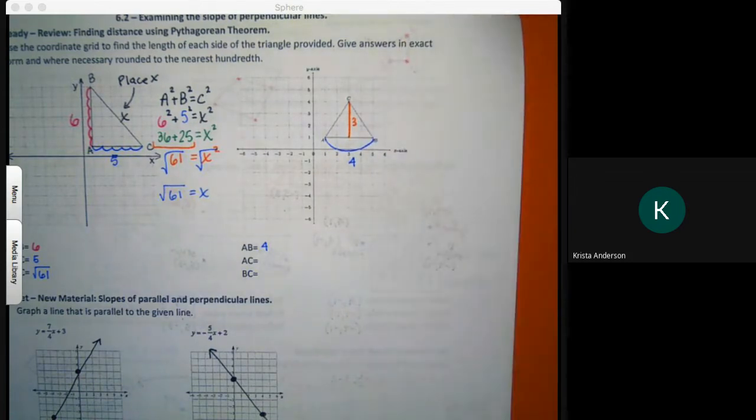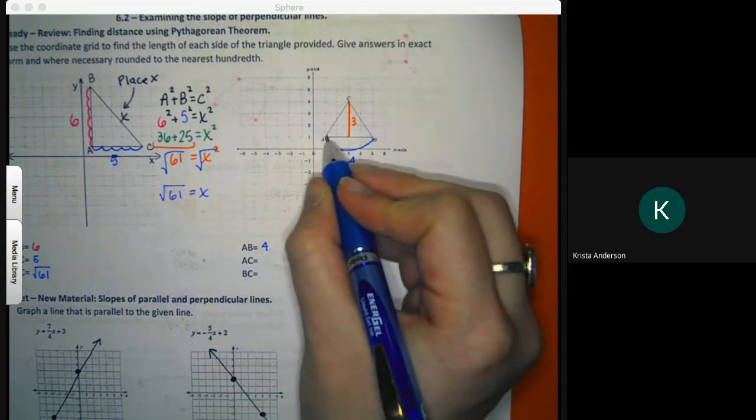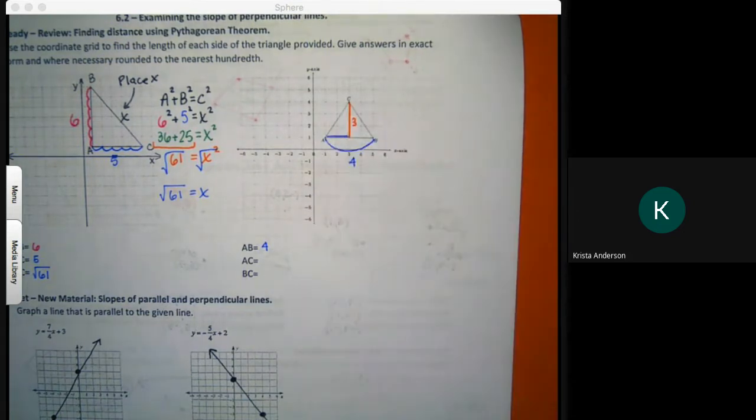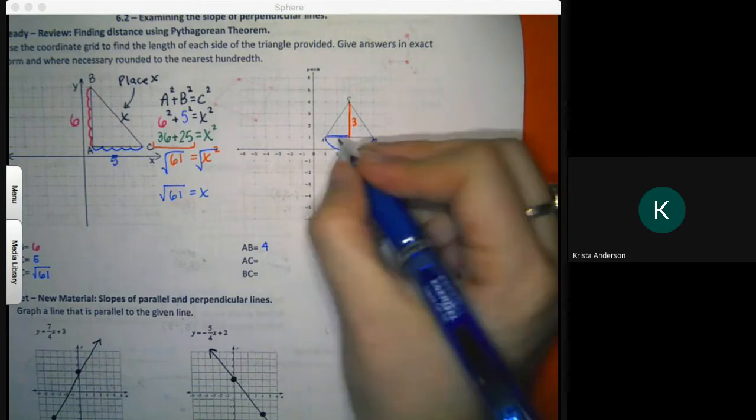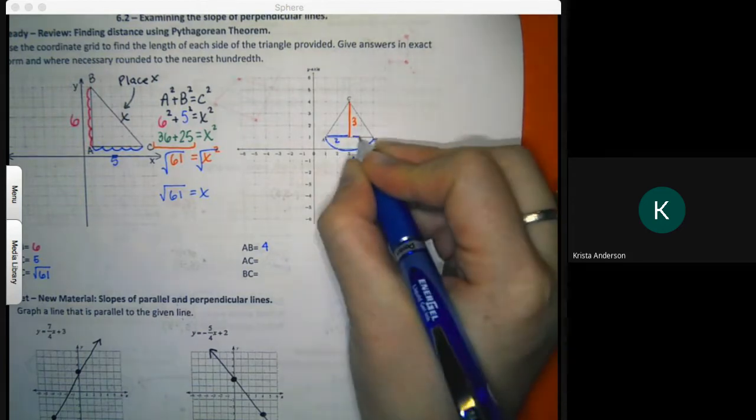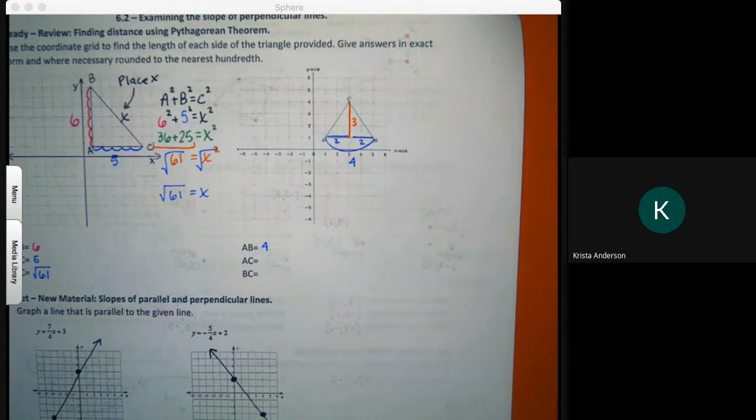And what did this side change to once I drew that line? 2, because it cut it in half. So would this side also be 2? Yes. The triangles are congruent triangles. When I find this side, I also find what that side is.